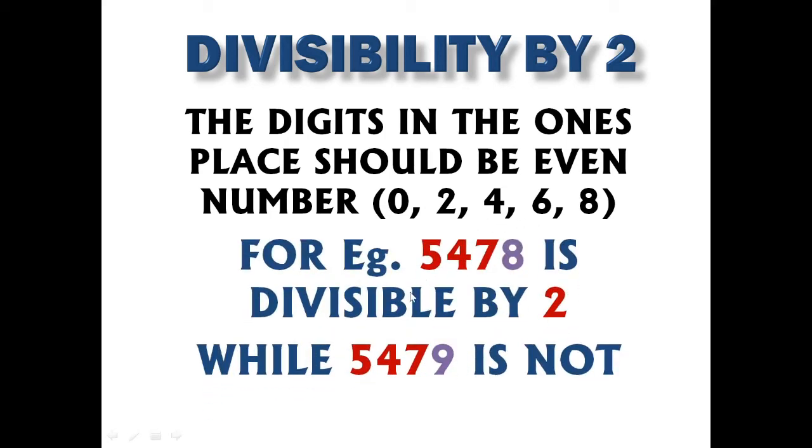Otherwise, the number won't be divisible by 2. For example, 5478 is divisible by 2 because it has 8, which is an even number, at ones place, while 5479 is not divisible by 2 because it has an odd number at ones place.